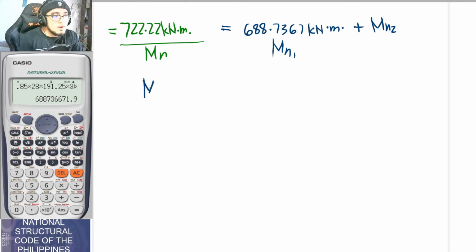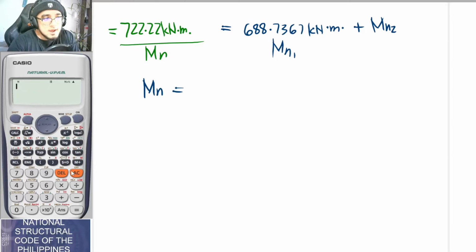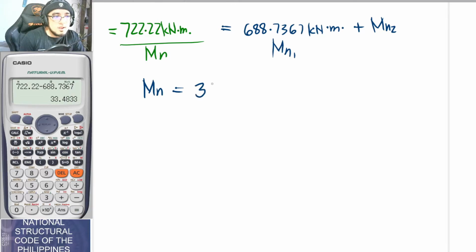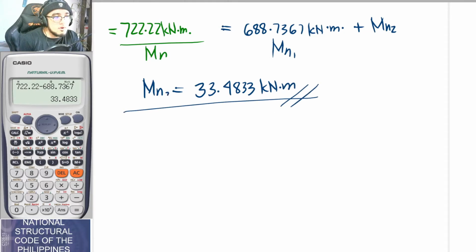For your Mn2, that is basically, looking at the calculator, 722.22 minus 688.7367. So our Mn2 here is now equal to 33.4833 kilonewton meter. So this is our Mn2 already. Using this Mn2, I would just be erasing the one here on top.